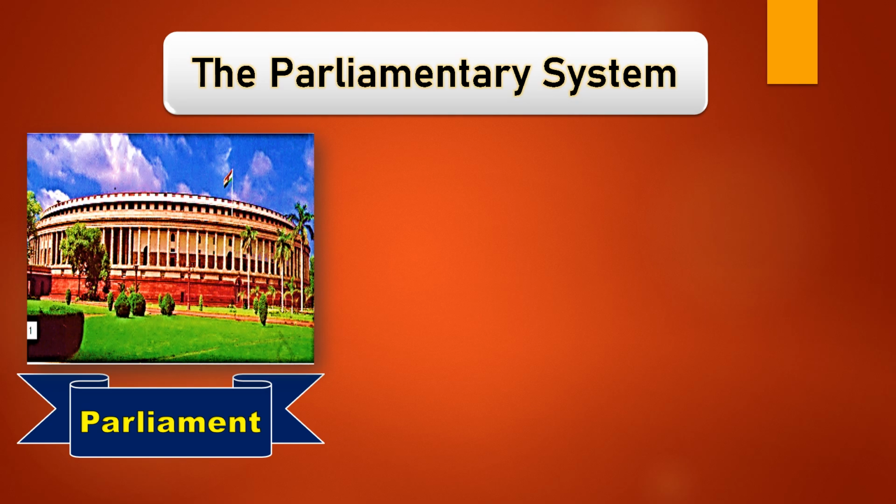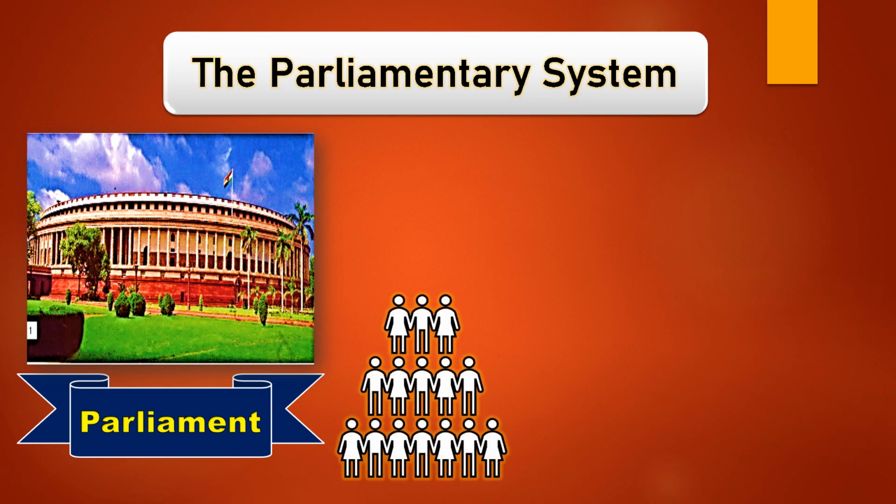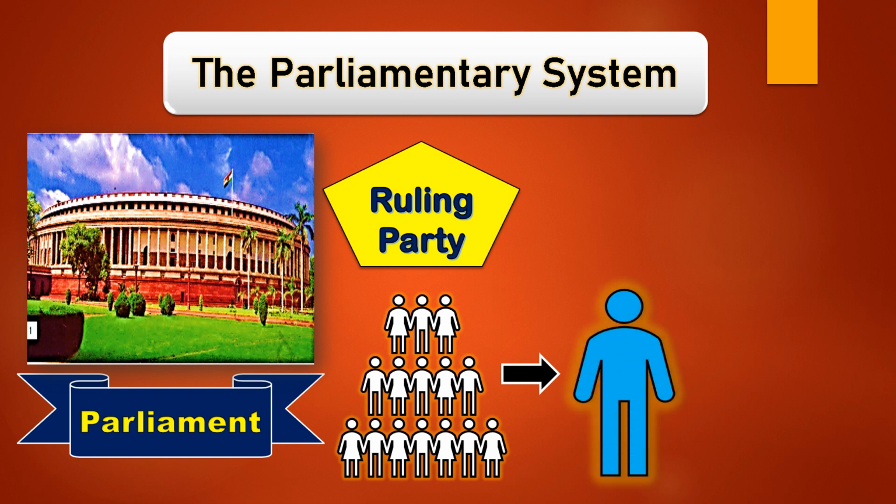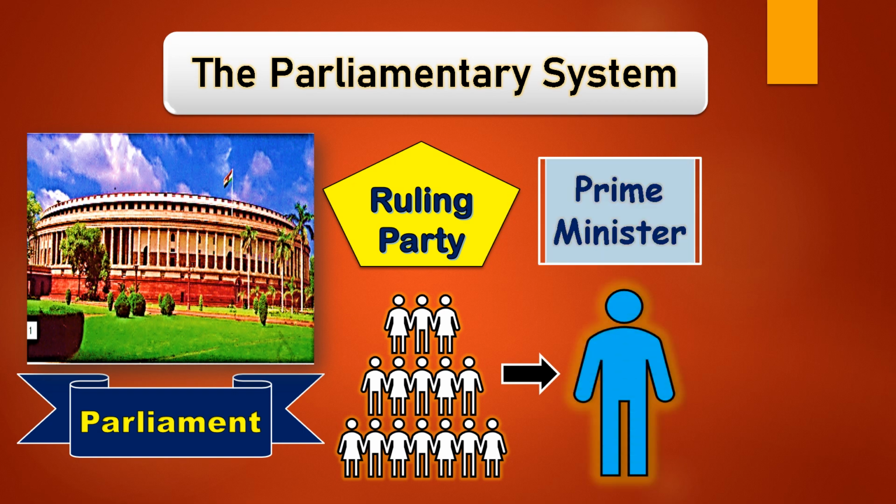It is a system of democratic governance of a state in which the party with the greatest representation in the parliament is considered as the ruling party and has power to form the government, and the leader of the majority party in the parliament is called the head of the government, that is the prime minister.